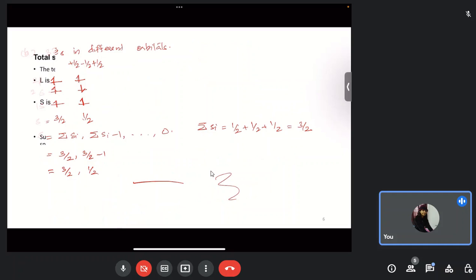In case you have S equal to 3 by 2, your multiplicity 2S plus 1 is going to be 2 into 3 by 2 plus 1, so it's going to be 3 plus 1, which is 4.